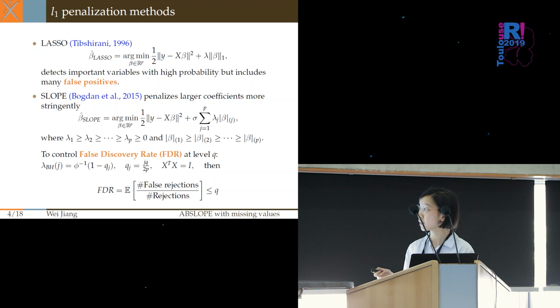If we choose the penalty coefficients lambda as a sequence proposed by Benjamini and Hochberg, which is a normal quantile related to a rate q, then in our standardized setting, the FDR, that is the expected proportion of false rejections among the total number of rejections of beta equals 0, can be controlled at level q. This is the so-called false discovery rate control.